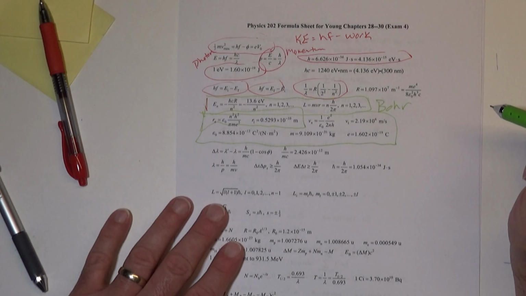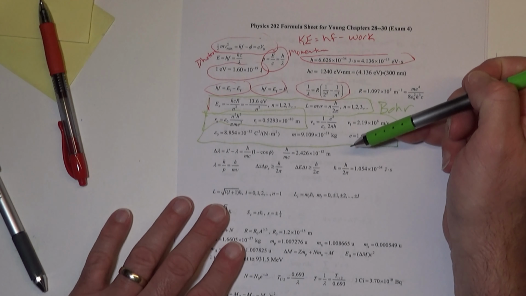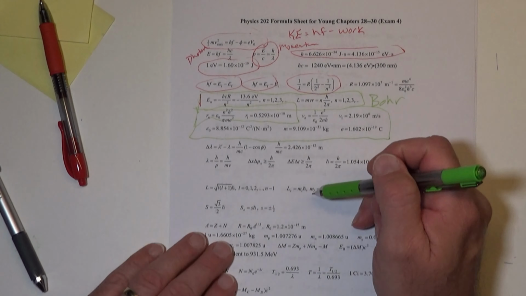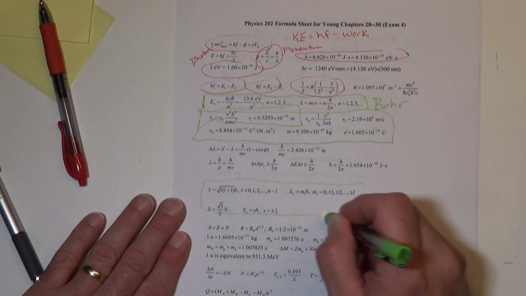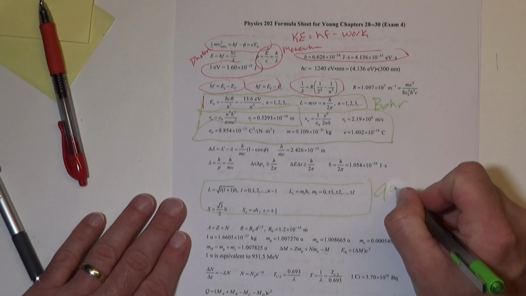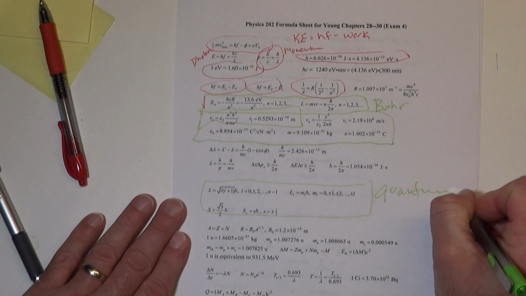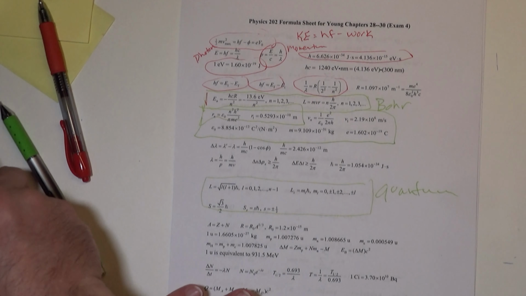It's a little bit different from what I'm used to, and it's out of order, because the Bohr model should be down here with the quantum model. This down here is the quantum model.